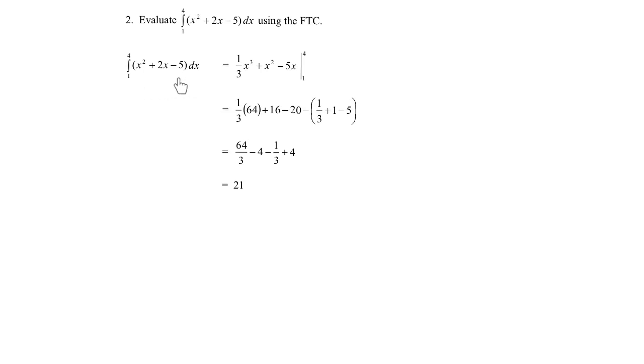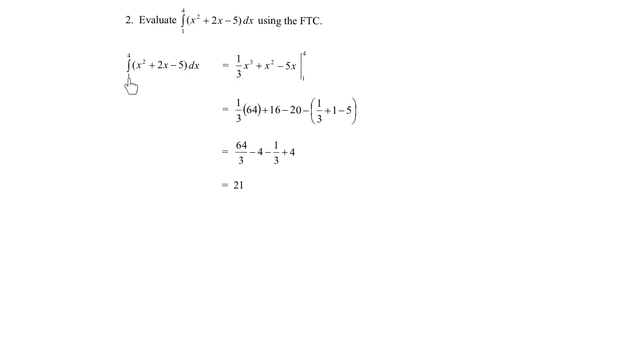Basically, we'll find out that the fundamental theorem of calculus says to evaluate this integral, we take the antiderivative of this, which is right here. If you use the power rule, this goes up to 3, then you divide by 3, which gets us here. And this x should become x squared, then you divide by the 2, so the 2's cancel, so you get here. The antiderivative of negative 5 is negative 5x.